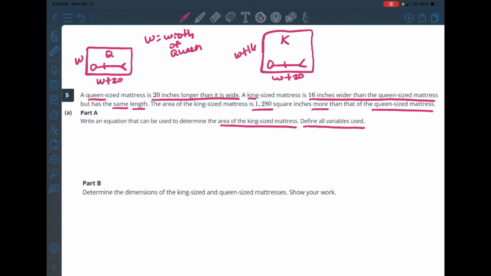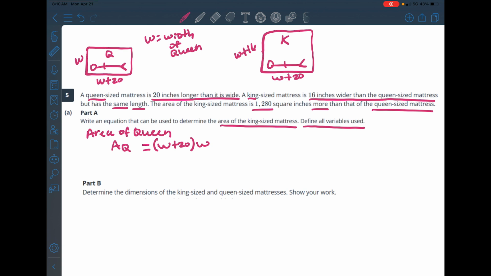So I know it's length times width. So area of queen, we could also say AQ, okay, equals length times width. And then the king is 1,280 inches more than that.